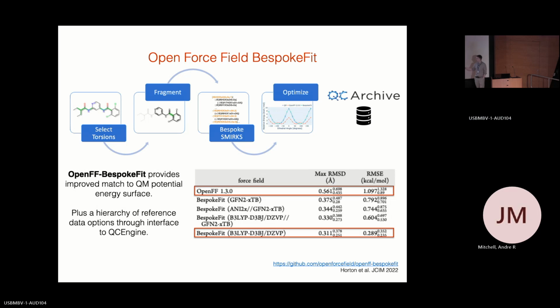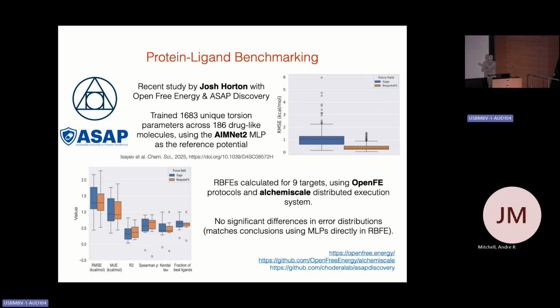And above that, we've got this hierarchy of different methods which we can use to speed up the fitting. So we've got semi-empirical methods, machine learning potentials, QM performed on semi-empirical structures and so forth. So recently, Josh has taken advantage of that.